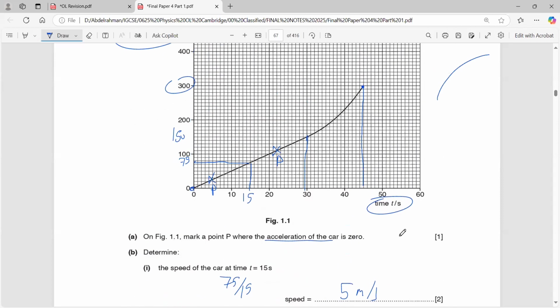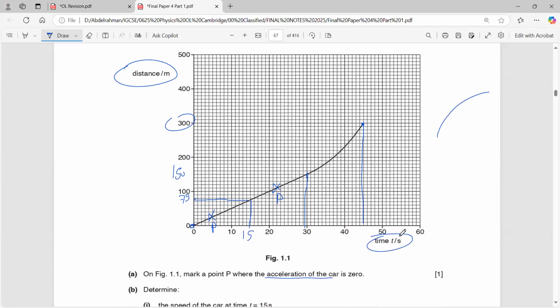At this point the slope should be 0. We will draw a decreasing slope this way between here and here, something like this.